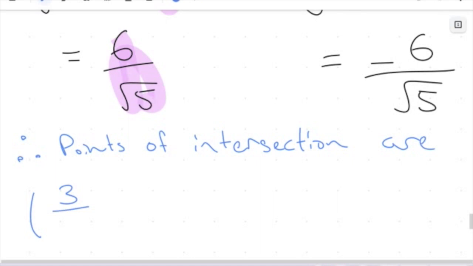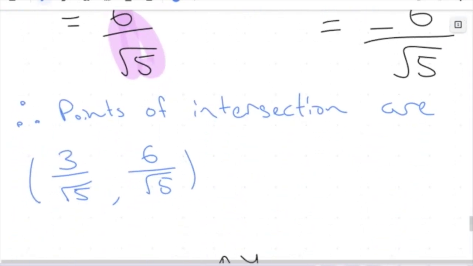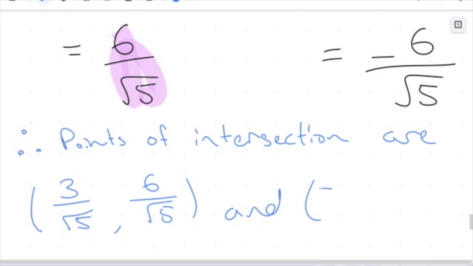So I have 3 over root 5, 6 over root 5. That's my first one here. And my second is going to be negative 3 over root 5 and negative 6 over root 5.